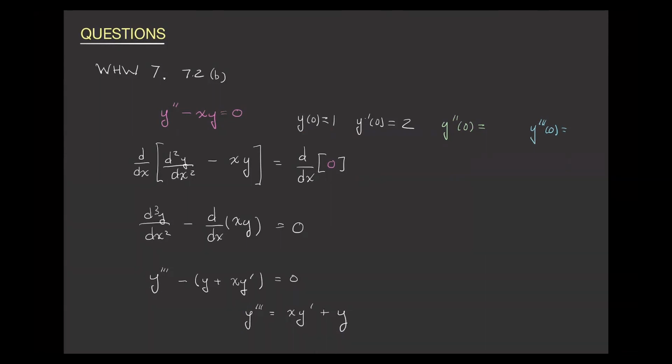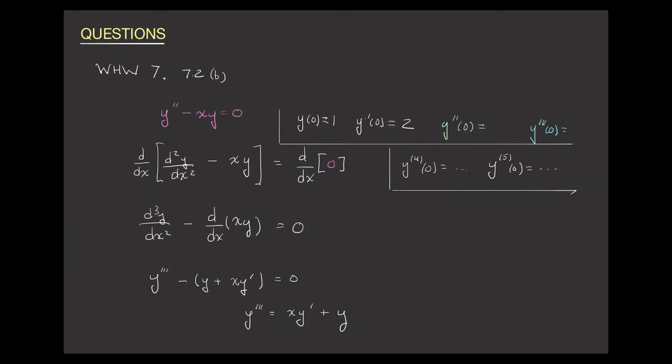And then after that, in part C, it asks you to extend, and there's a nice formula to do it. You then want to continue and find also the fourth derivative of y evaluated at 0, and the fifth, and so on. But you just follow the same types of steps here.